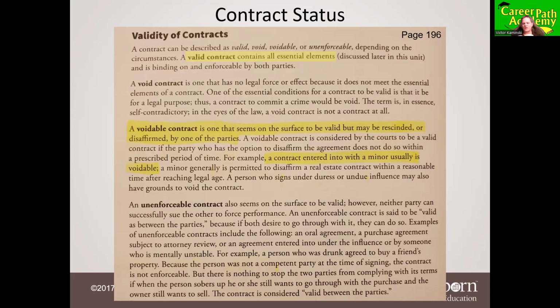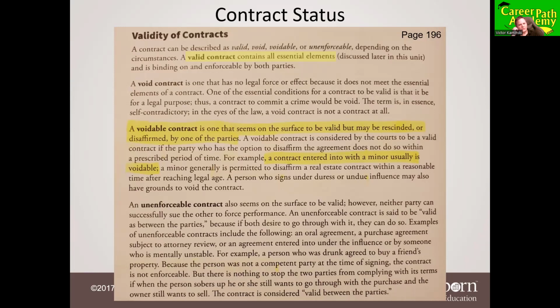You cannot enforce a contract against a minor because they're not a competent party. However, if you enter into a contract with a minor, they can enforce the contract against the adult because the adult is a competent party. So can you enter a contract with a minor? Sure you can. It's pretty stupid because it's a one-sided agreement. You can't enforce the contract against the minor, but they can enforce it against you. So what's the point?